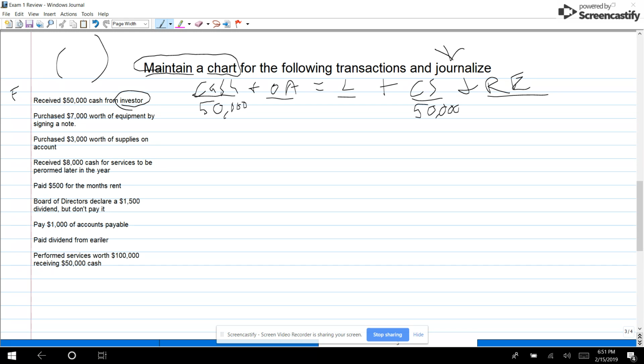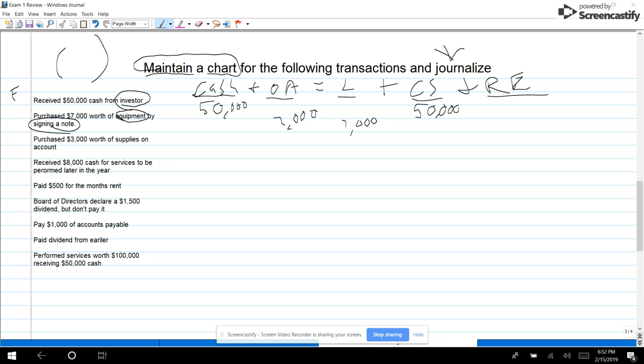So purchase $7,000 worth of equipment by signing a note. We're getting equipment, so we know that equipment is going up, and that's another asset in this scenario. And we are signing a note, so that means it's going to be a note payable, or a liability.